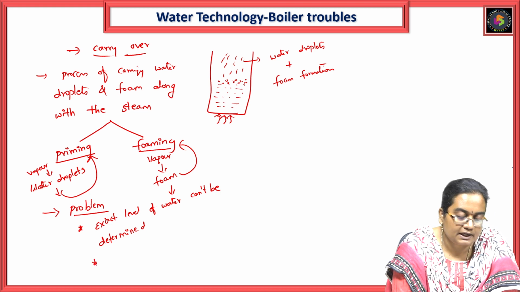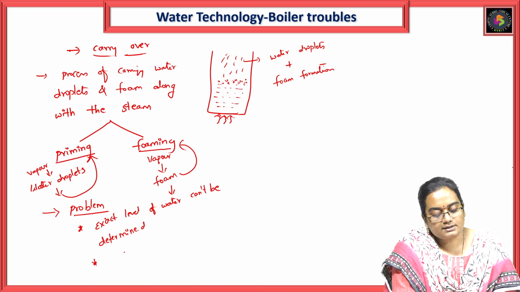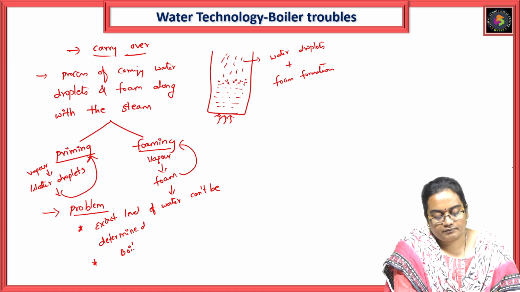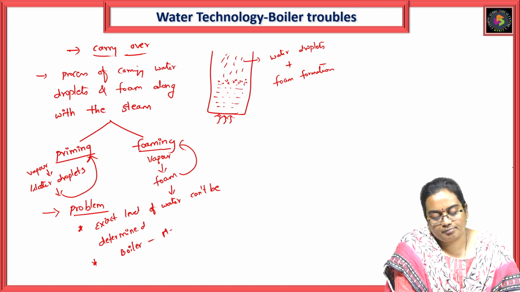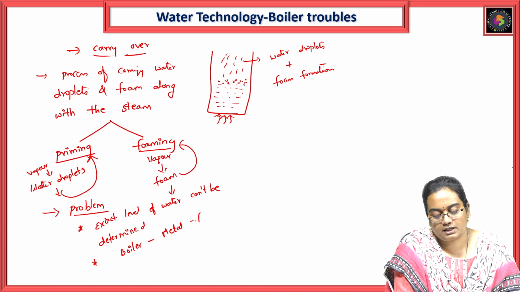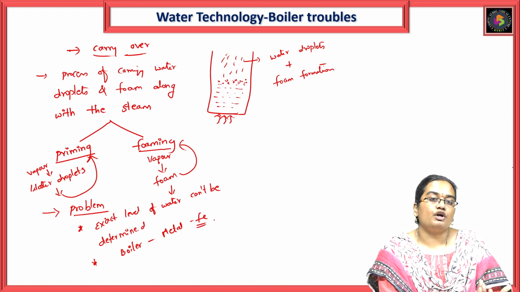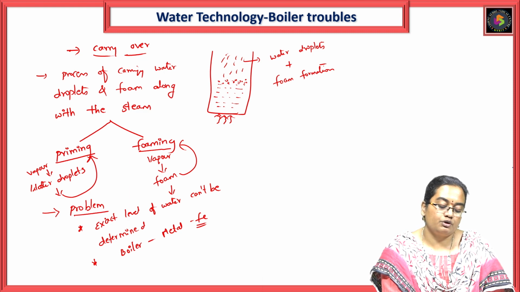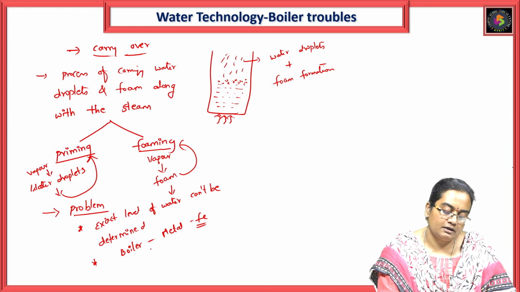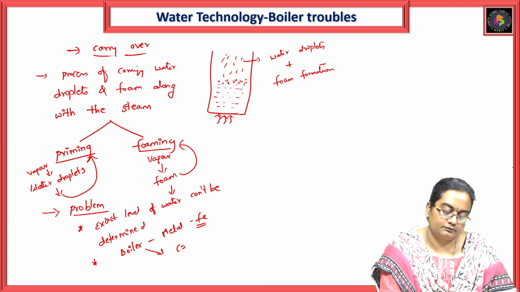And coming to the priming. We know that boilers are made up of metals. Maximum we are using iron only for boiling. But whenever the water droplets are coming out along with the vapor, due to that the boiler undergoes corrosion.